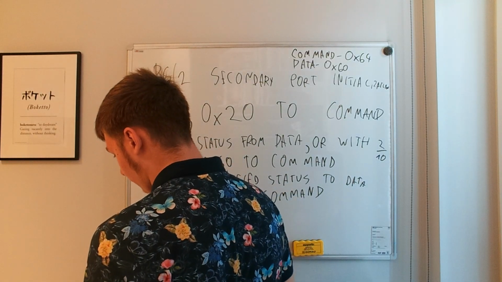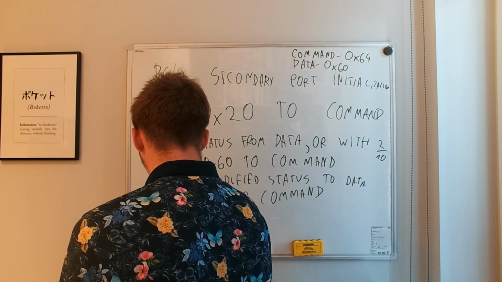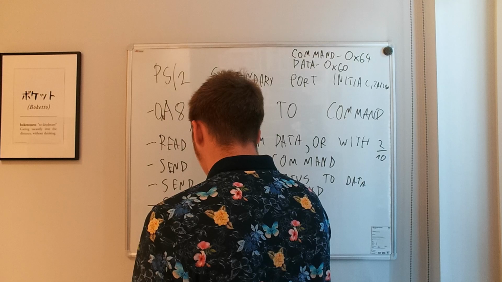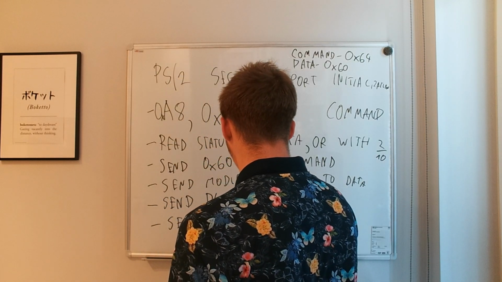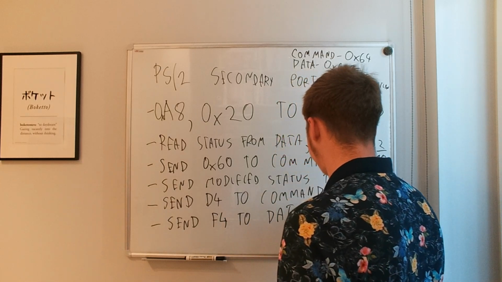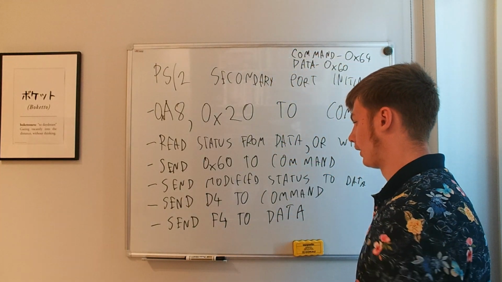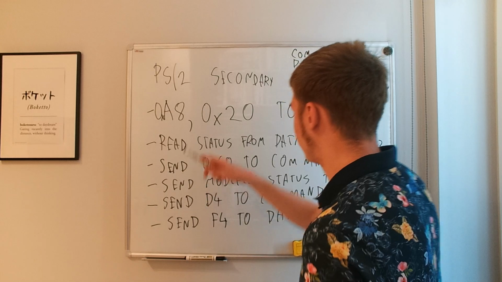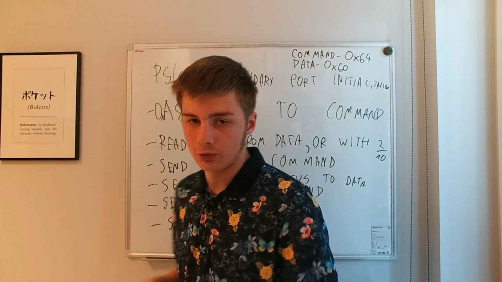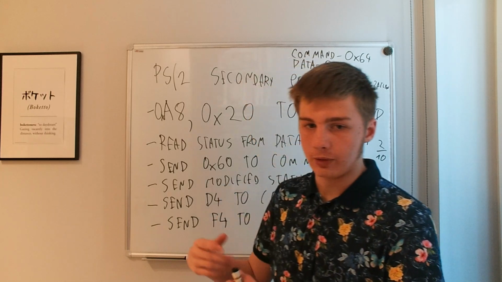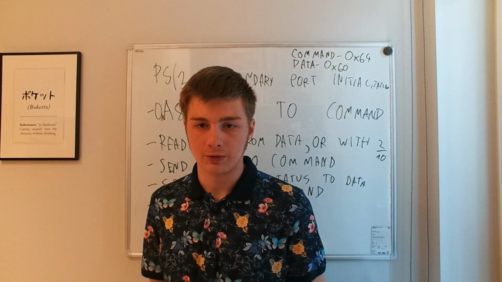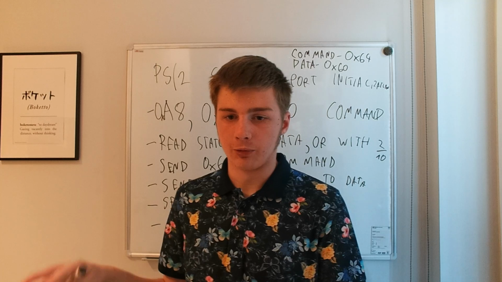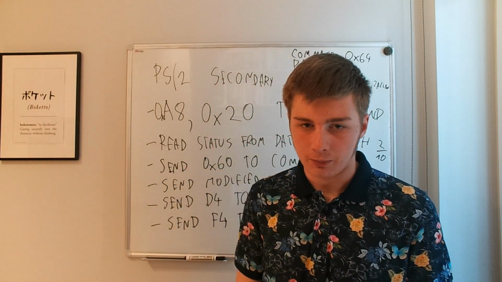So the mode that we want, so information reporting enabled, that is F4. So we have to send F4 to the data port. Okay, and once we've done this, we should have not only our ports enabled, but also information reporting enabled, which means that not only will this port fire interrupts when the mouse is moved, but also we will get information reports about what the mouse has actually done that we can use in order to write a proper driver.